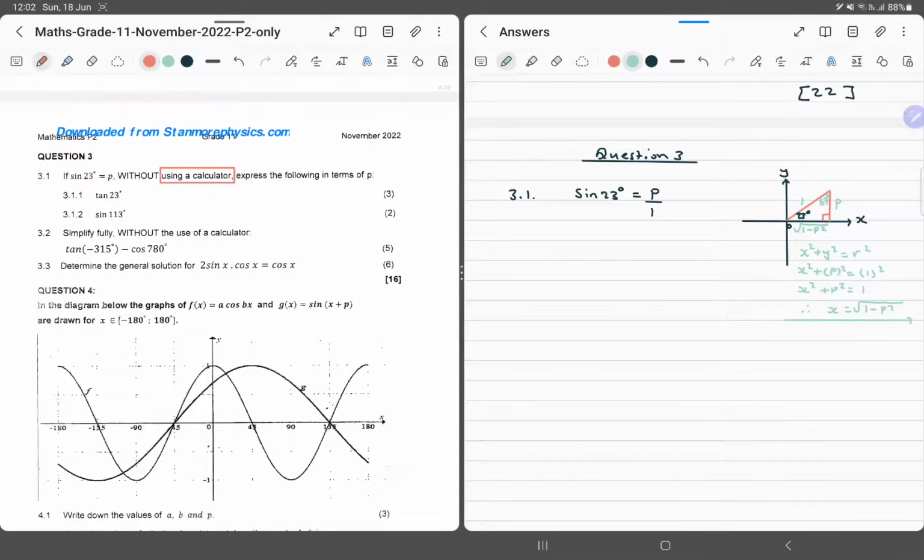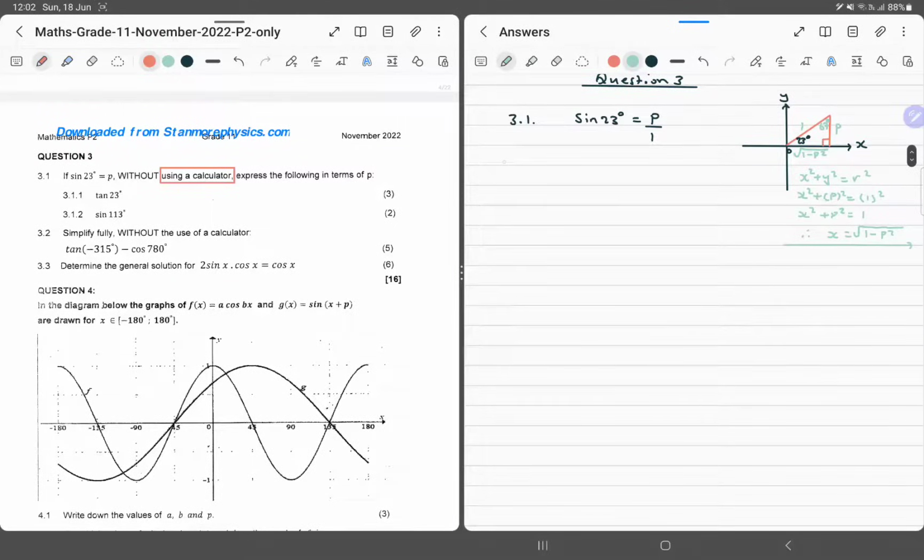Okay, so let's kick it. 3.1.1 says let's find tan of 23 degrees. Tan is opposite over adjacent, so it's going to be P over the square root of 1 minus p squared.